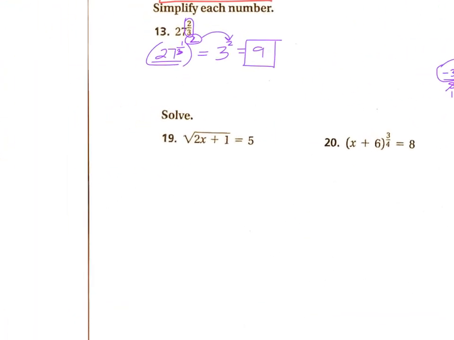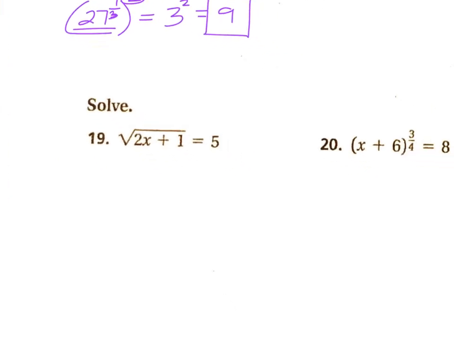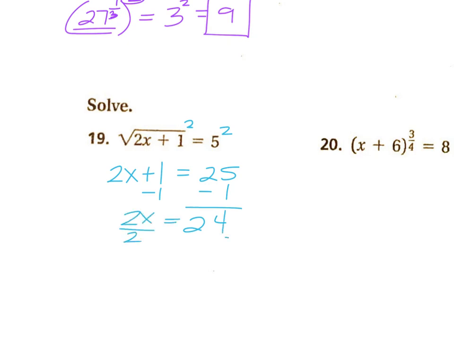All right, next one. So this one, we are going to solve by squaring both sides to get rid of the radical. So I get 2x plus 1 equals 25, and then we just solve. Take away 1, 24 equals 2x, and then divide by 2.